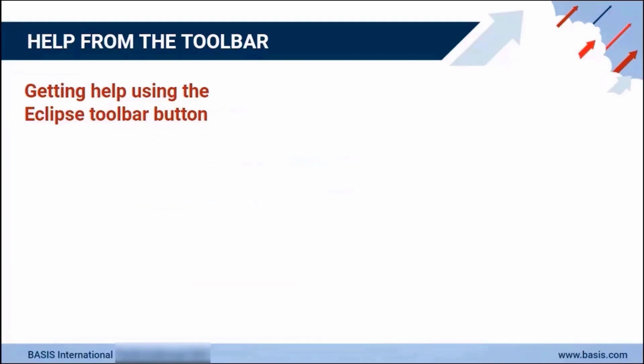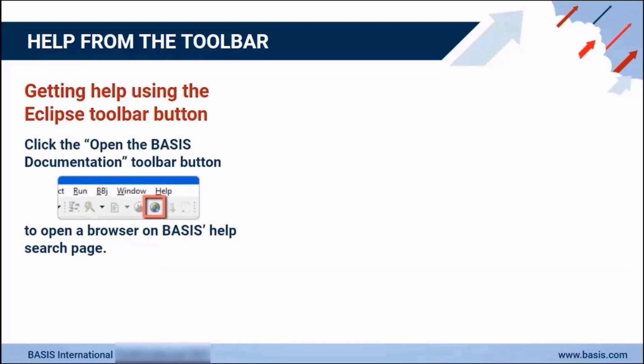Finally, let's look at getting help from the toolbar. Eclipse comes with a toolbar across the top that has a number of toolbar buttons that give you shortcuts to particular functions and features, and the BBJ keyword help plugin is no exception. There is a button called the Open the BASIS Documentation toolbar button, and you see it on the screen there. It looks like a small planet.